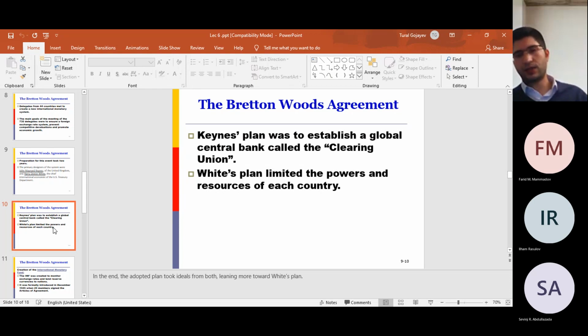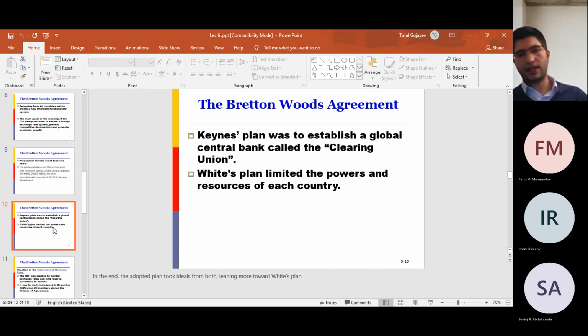So he planned to create a global central bank. That bank would support the financial systems and the monetary policy and fiscal policy for the member countries.